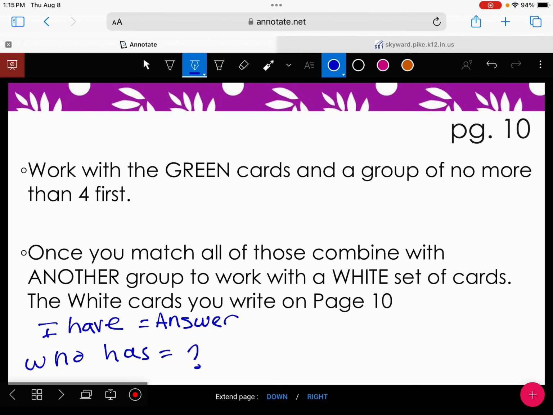And then, because we're gonna combine a couple of groups together, because this one has a lot more cards, and I didn't want you guys all to have to do like 12 cards. So we're gonna combine the groups together, so probably you guys with this group, and then I may have them split.